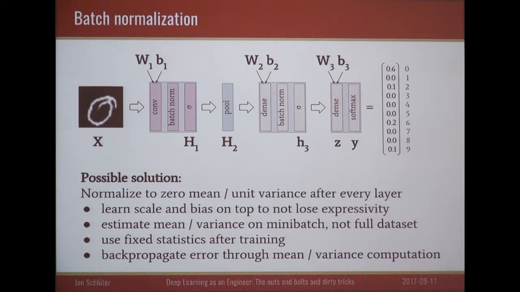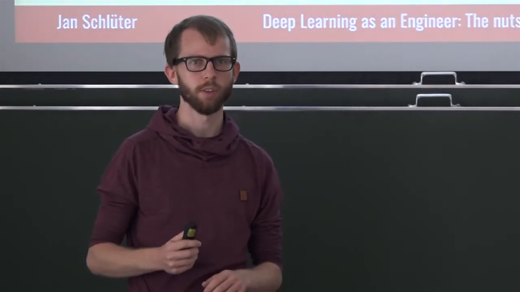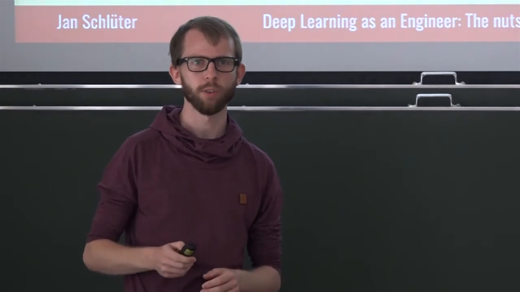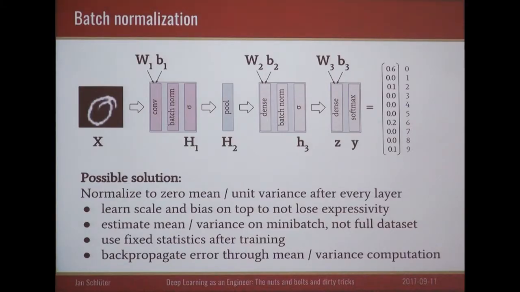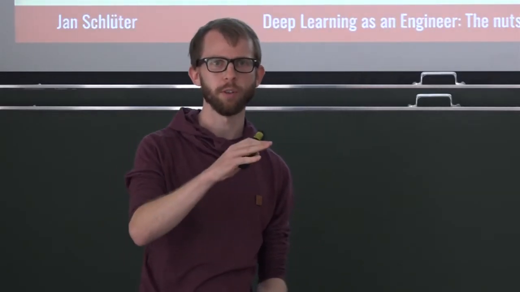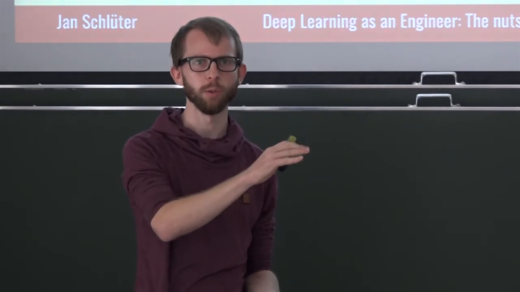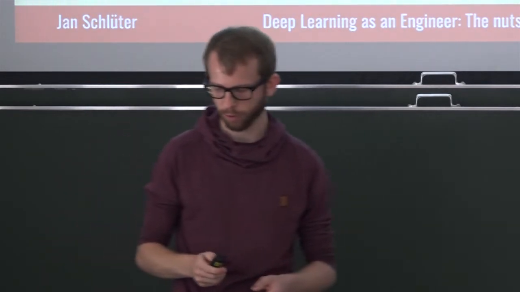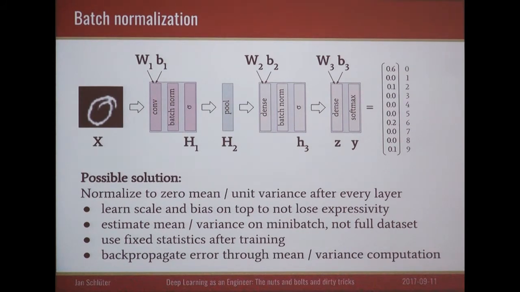Or a very common hack is to introduce another operation between the linearity and the nonlinearity that just scales the input so that it has unit variance and zero mean. And we compute the statistics for that based on the current subset of data we use to compute the direction of the loss function. After training, we fix these statistics.